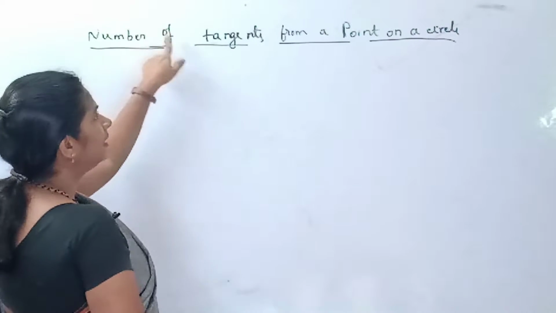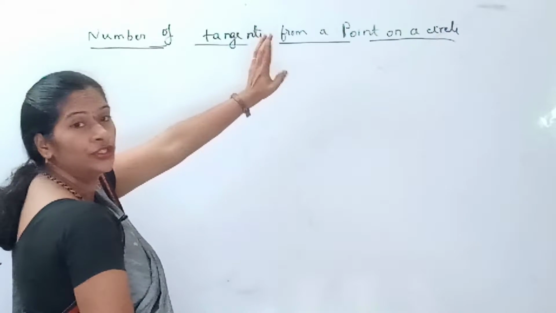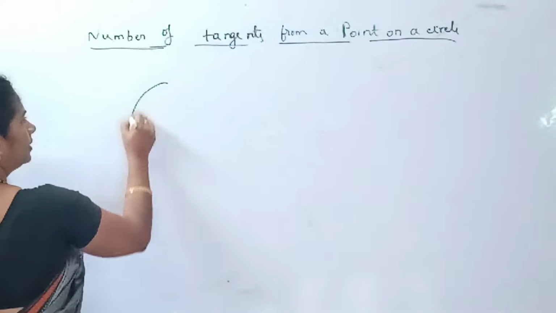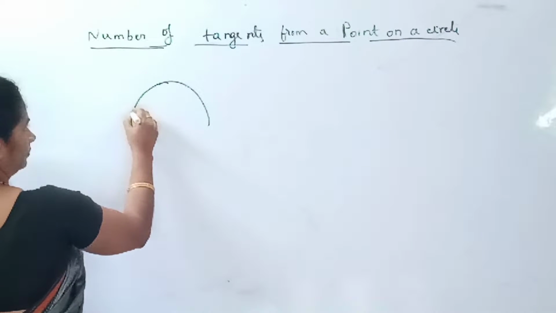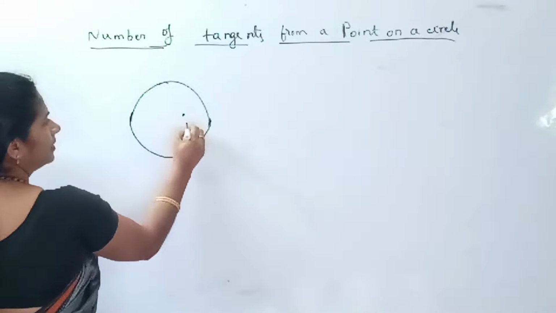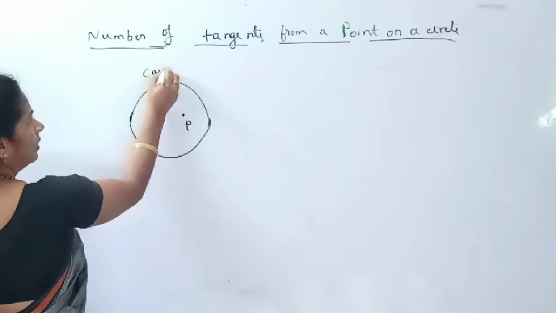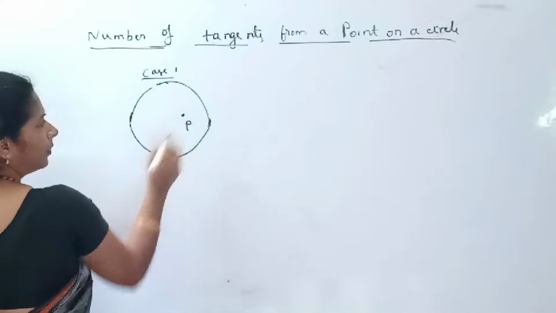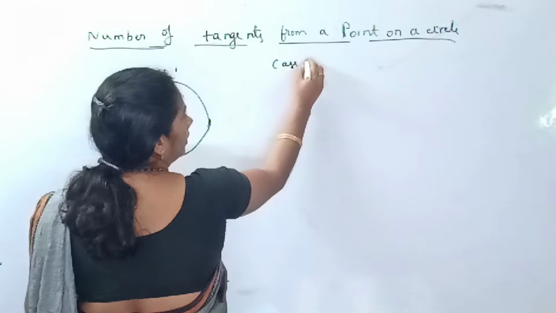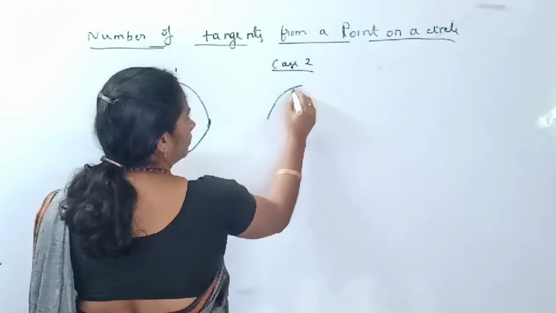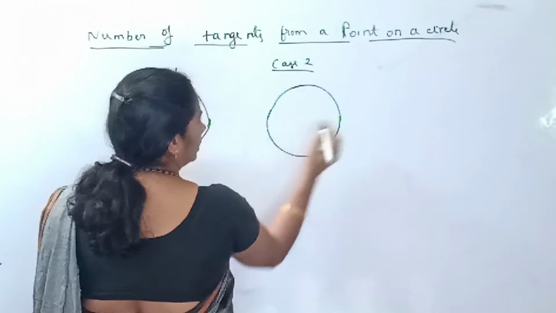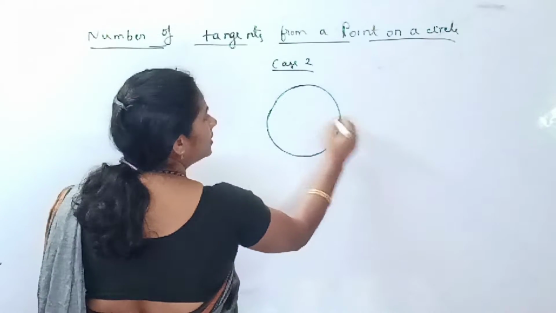Now let us learn the number of tangents from a point to a circle. There are 3 cases, children. So let me draw one circle. Case 1, the position of the point is inside the circle. Case 2, the point is on the circle.